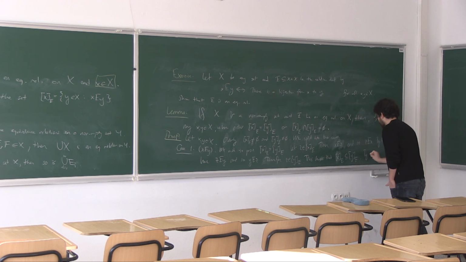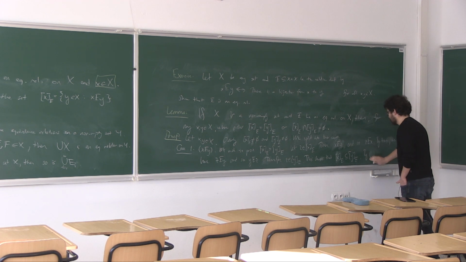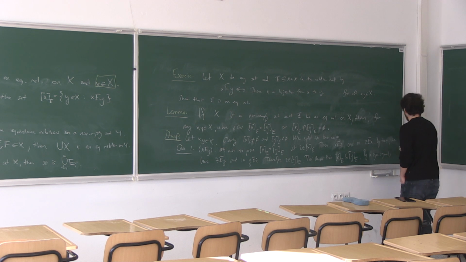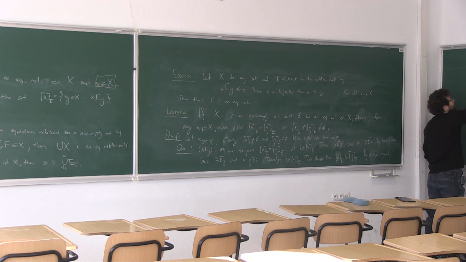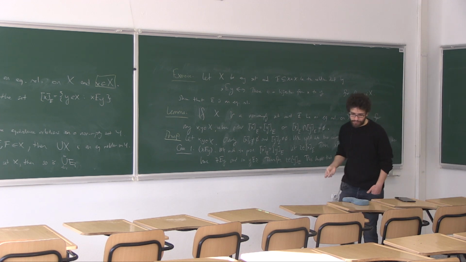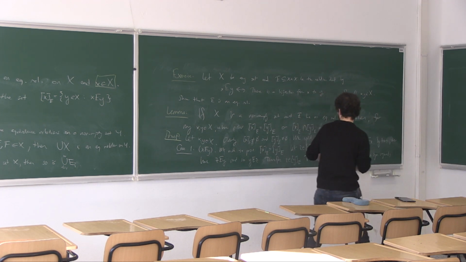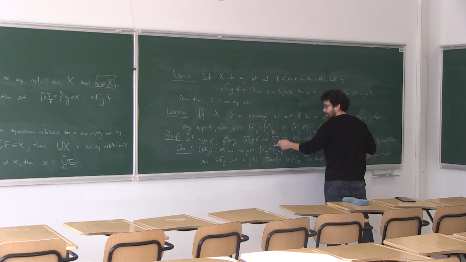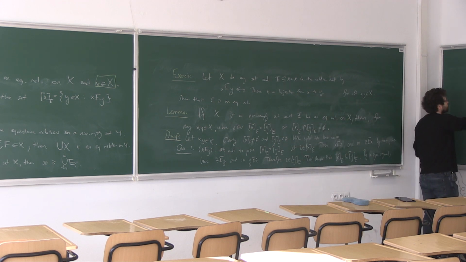Now by a symmetrical argument, we also have the other direction. I'm not going to do the symmetrical argument because it's literally the same. Thus, we prove that these are the same.